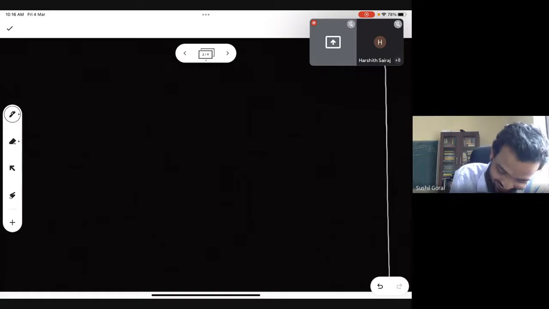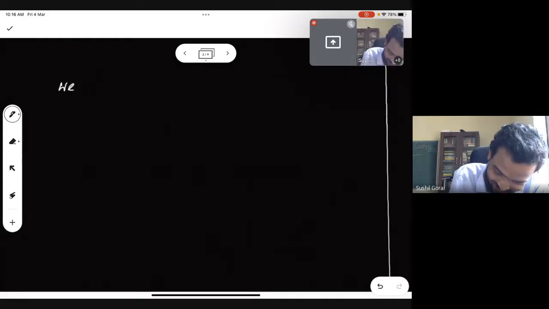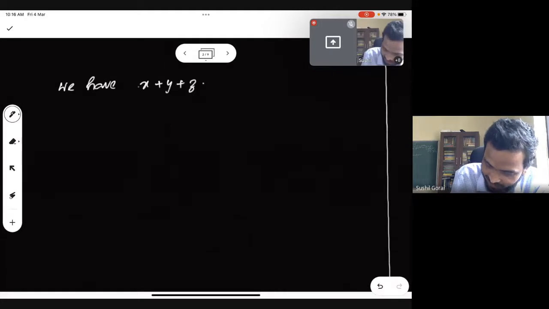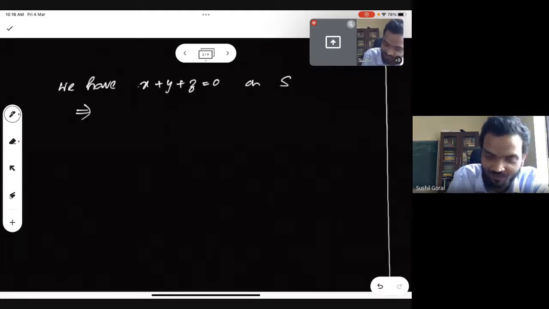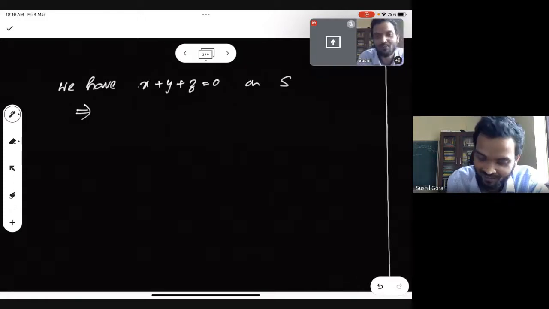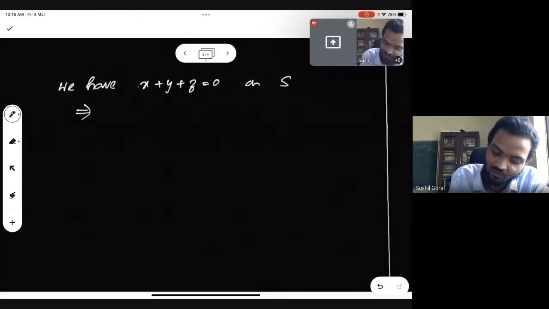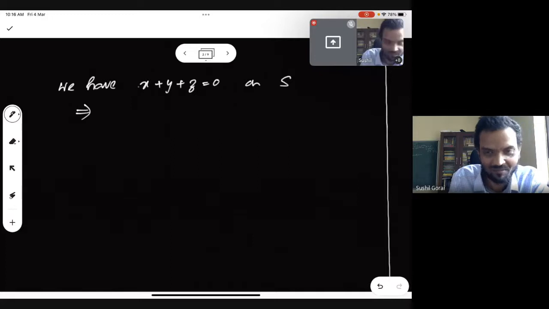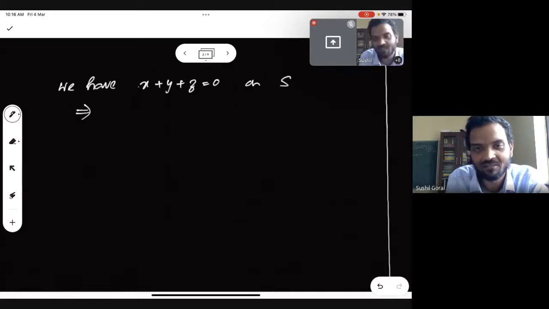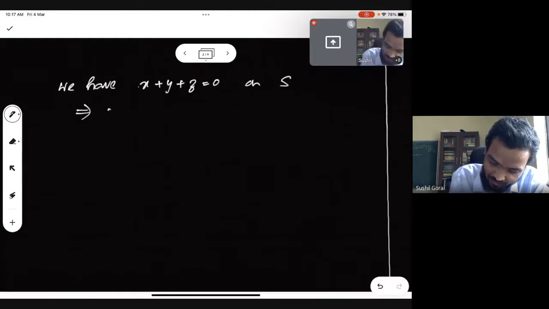That's good. We have x plus y plus z equal to 0 on S, so whatever plus or minus sign you put, with y equal to plus or minus x and z equal to plus or minus x, what do you get? x is 0.